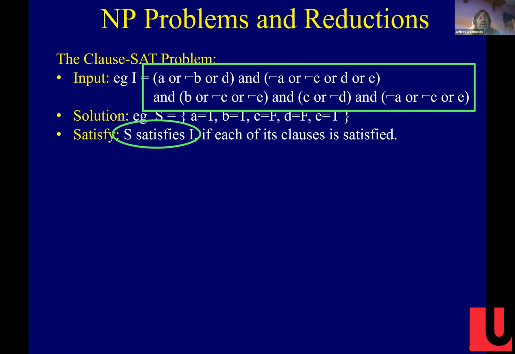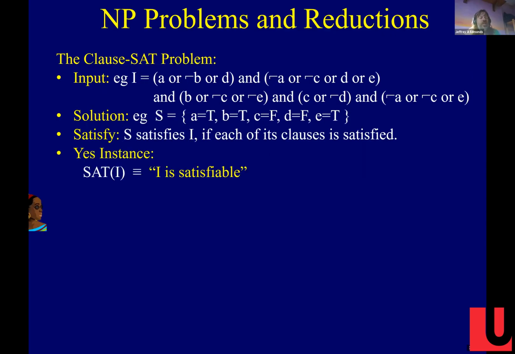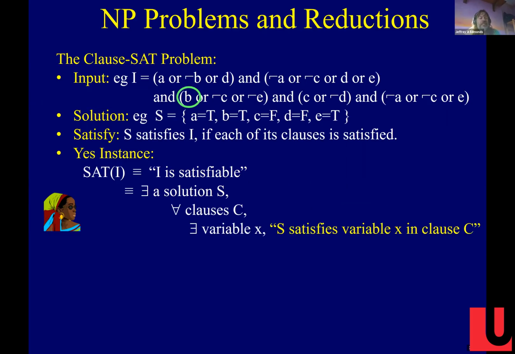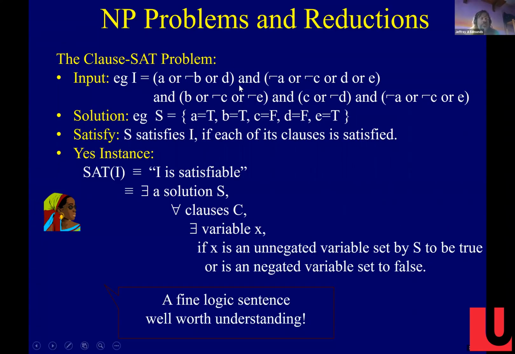And what's our first order logic statement? We want to say the instance, these clauses, are satisfiable if there exists a solution, if there exists a setting of the variables that satisfies what? It satisfies every clause.